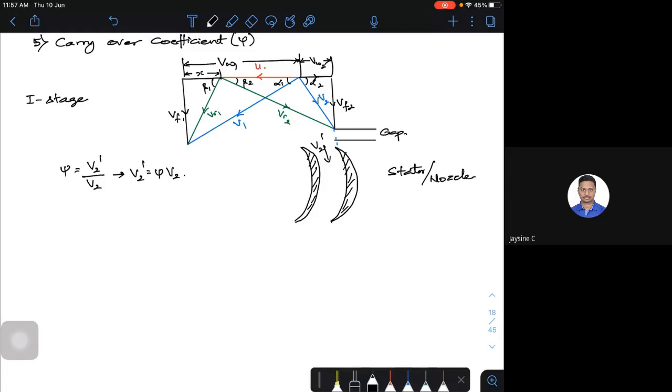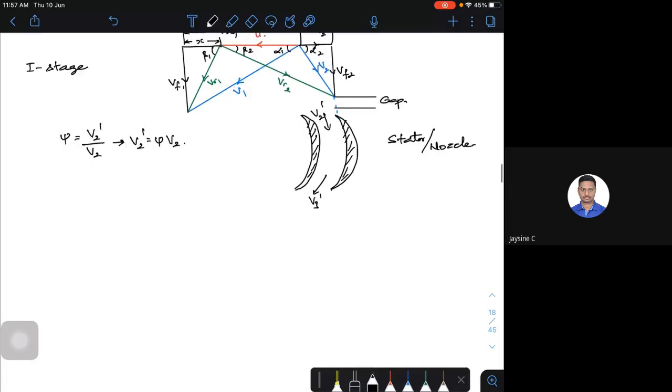If I try to call this, it enters at V2 dash and it exits at V3 dash. Here also they have to have a gap.